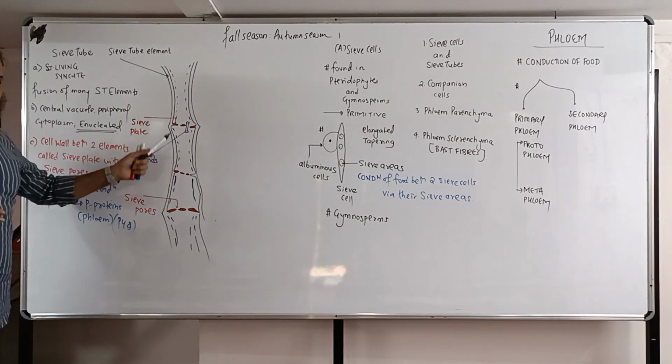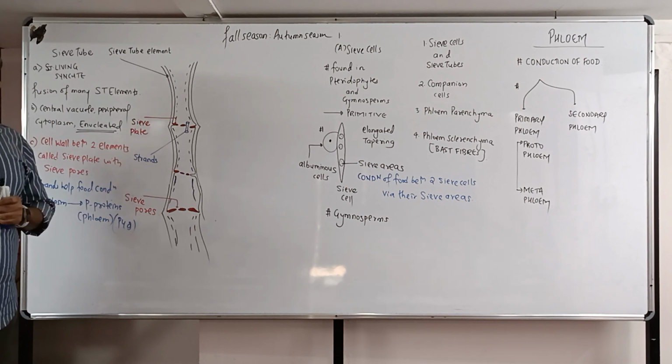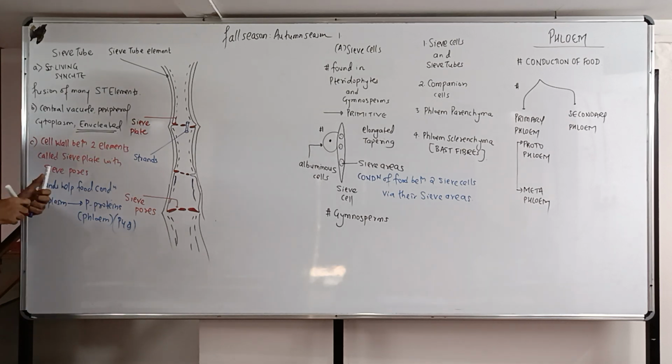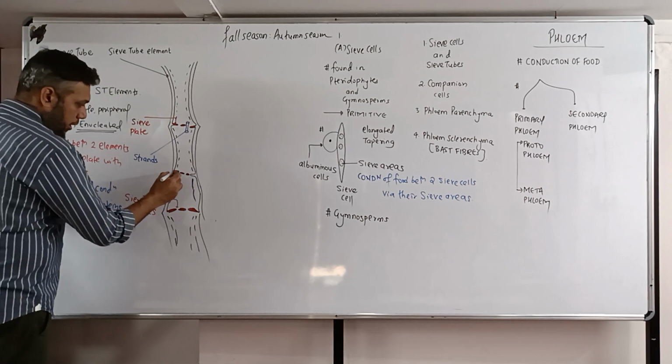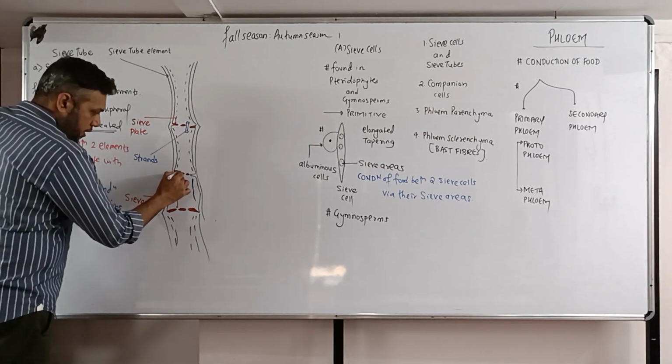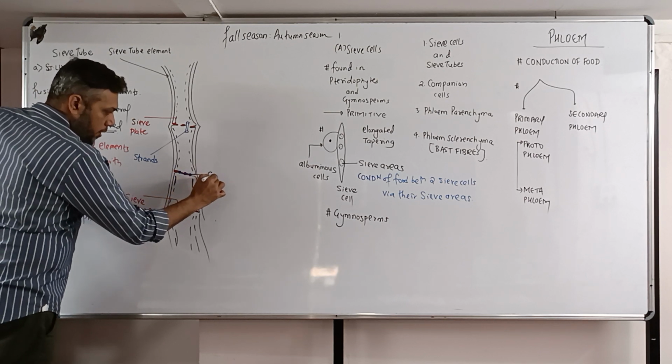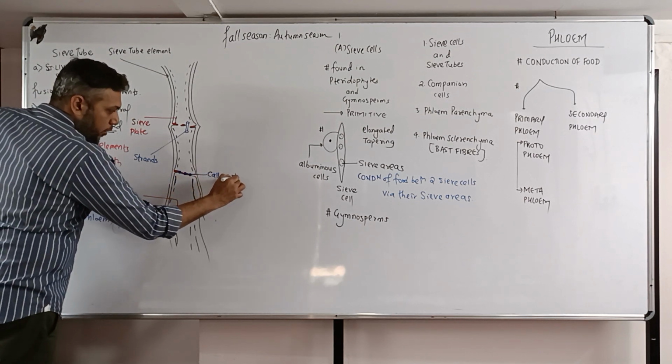The leaves are fallen, so is the phloem being used right now or not used? Not used. So during the fall season, what we see is there is deposition of certain carbohydrates, and these carbohydrates are called callose plugs.